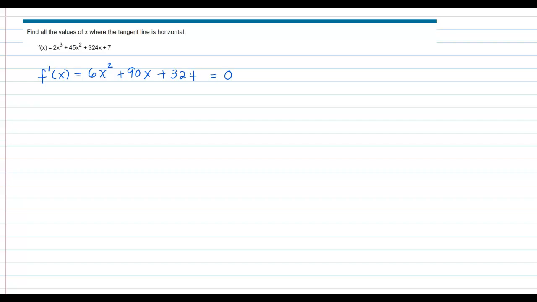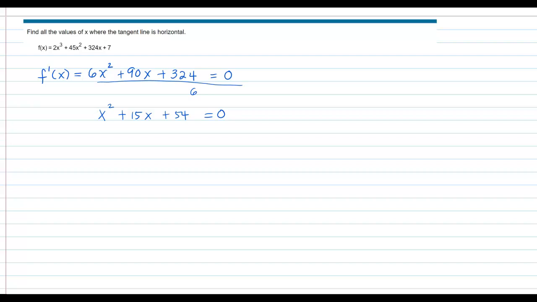So that means we could divide each term here by 6, including that 0. This could be reduced to x squared plus 15x plus 54 equal to 0. And then now you factor.